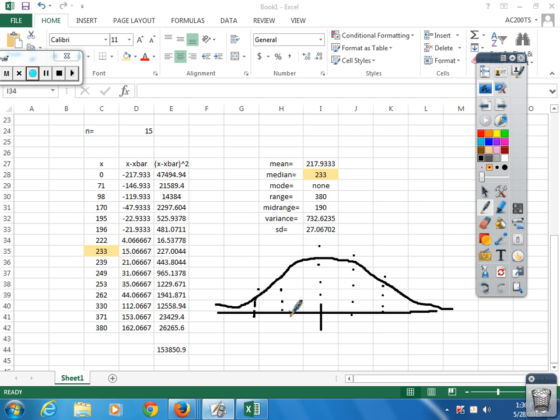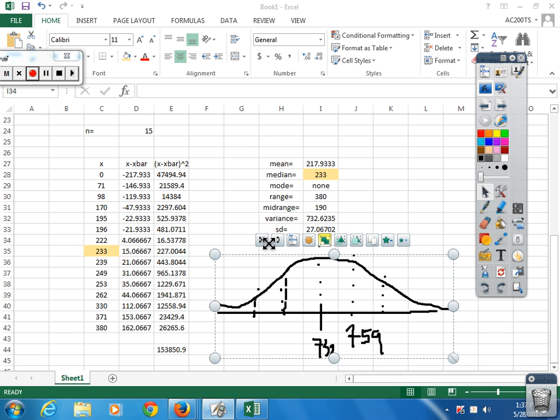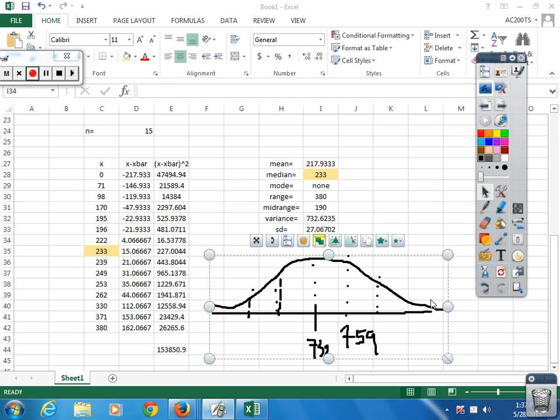One, two. I'm a little bit off, but you get the point. All right, so this guy is 732. 32 plus 27 is 759. Why am I not worried about the decimals? Because technically, what are we doing? We're plotting, right? Are you going to be exactly on the point every single time?